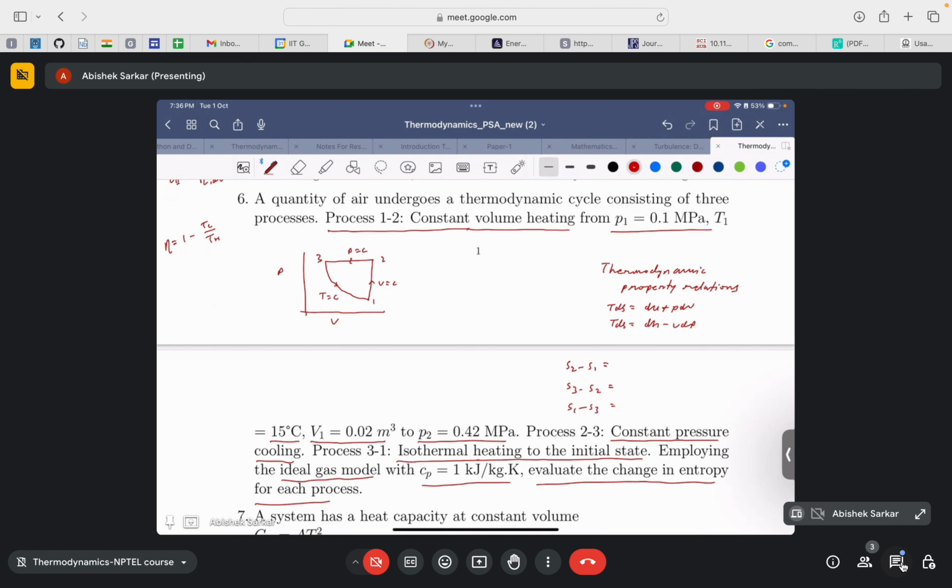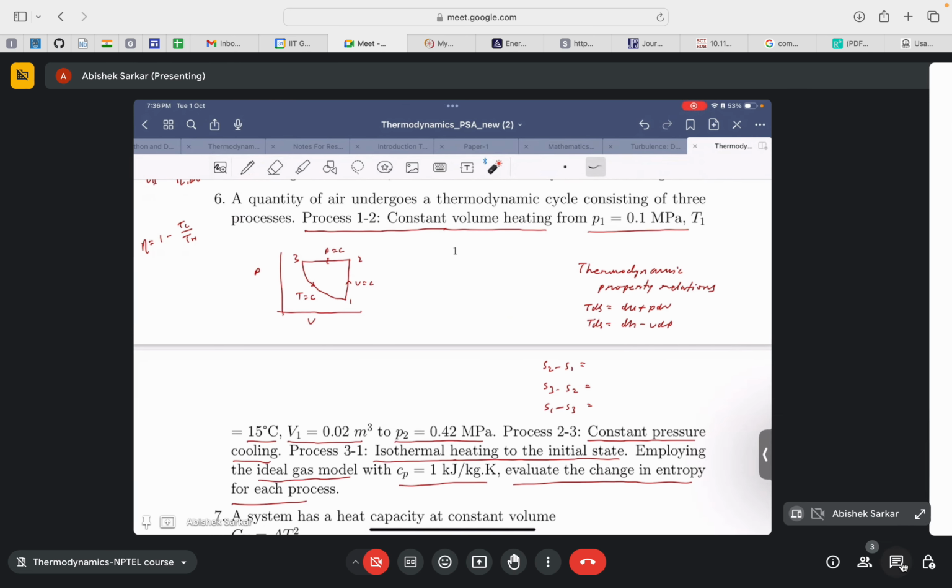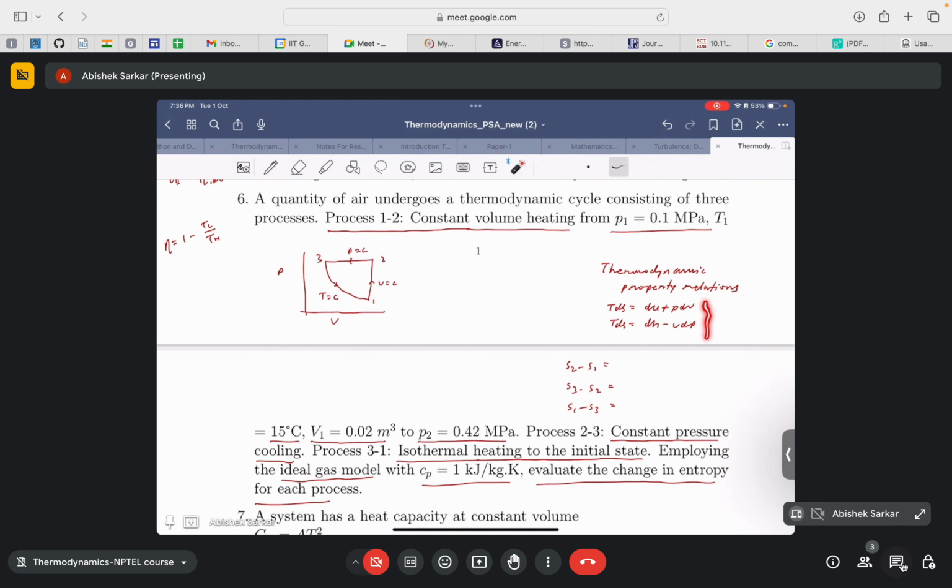You can integrate these equations to find the net entropy change for these different processes. So the first task would be to find T2. Let me give you 5 minutes to look into the solution, and then you can show the solution and we compare our solutions.